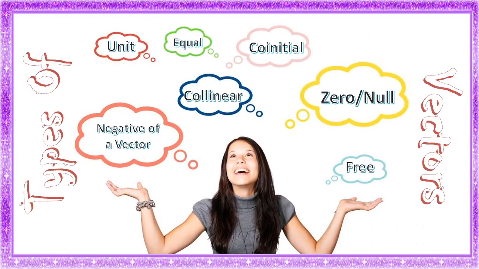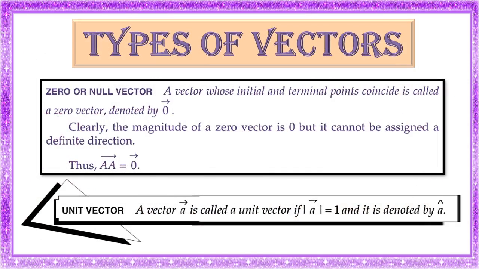Now, let's talk about different types of vectors. We have different types of vectors like unit vector, equal vectors, co-initial, collinear, negative of a vector, zero vector, or free vectors. So, let's study these vectors one by one. First of all, let's talk about zero or null vector.